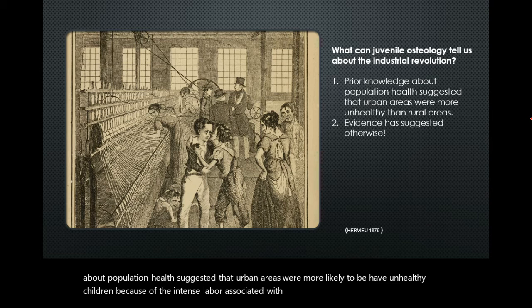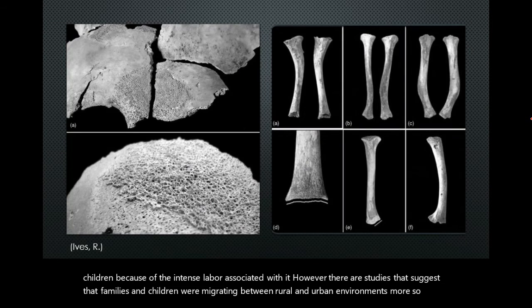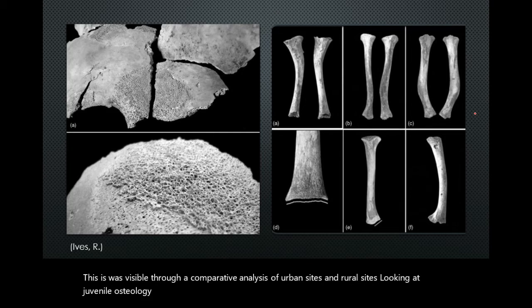However, there are studies that suggest that families and children were migrating between rural and urban environments more than previously thought. This was visible through a comparative analysis of urban and rural sites looking at juvenile osteology, and they realized that the pathologies were pretty consistent and distributed evenly across both urban and rural sites.